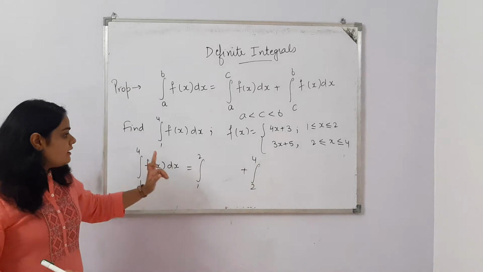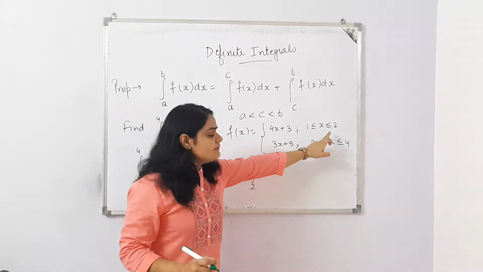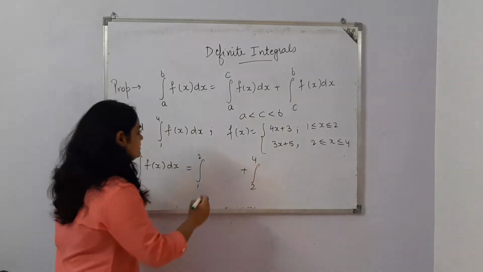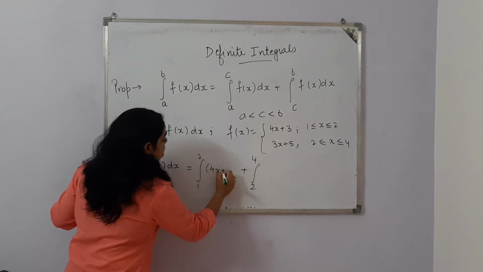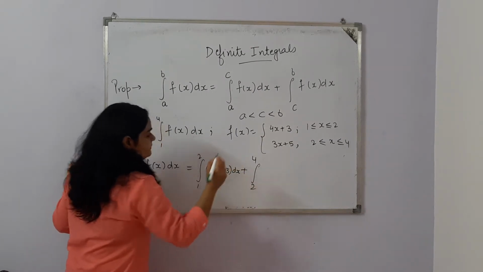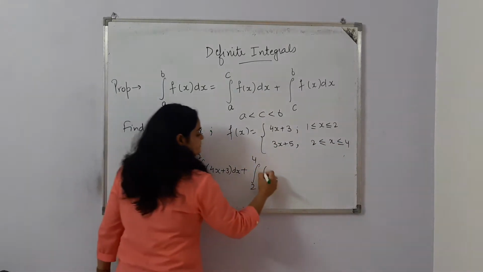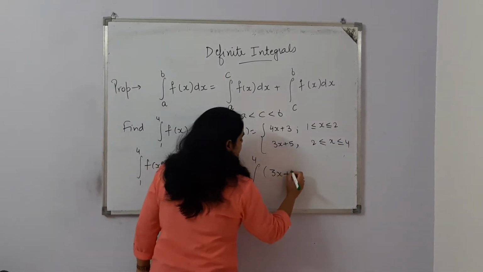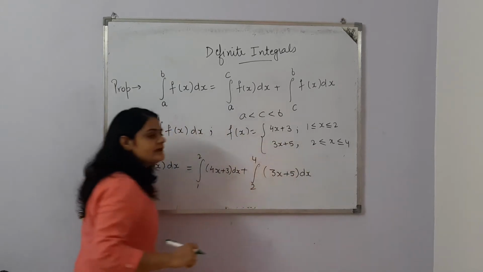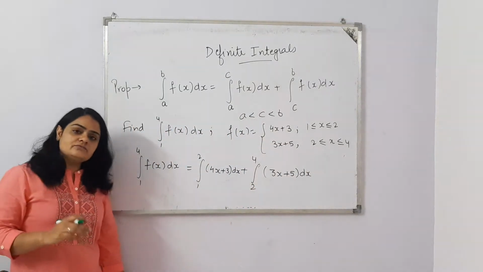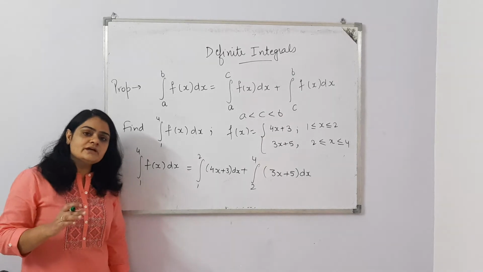Because for the limits 1 to 2, the function is 4x plus 3, and for the limits 2 to 4, the function is 3x plus 5. So we can split the limits accordingly whenever it is the requirement of the question.